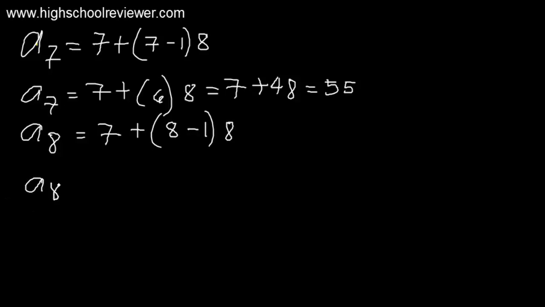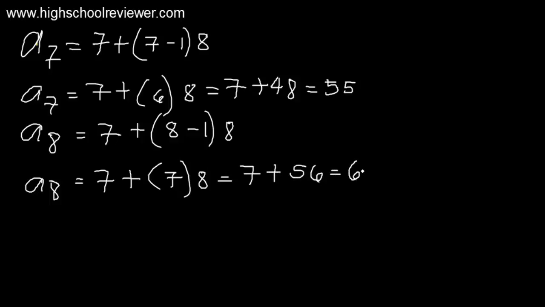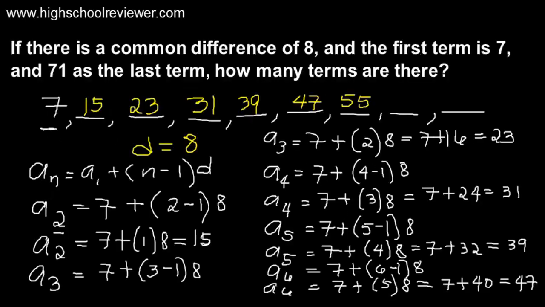So a sub 8 will be equal to 7 plus 8 minus 1, which is 7, multiplied by 8. So we have 7 plus 7 times 8 is 56, and this is 63. So our 8th term here is 63.